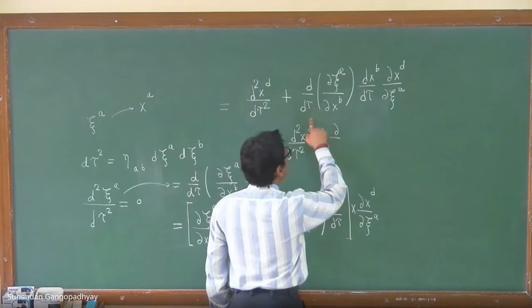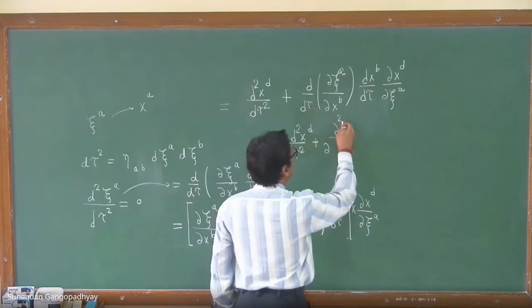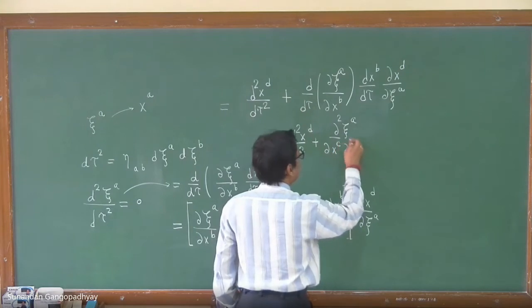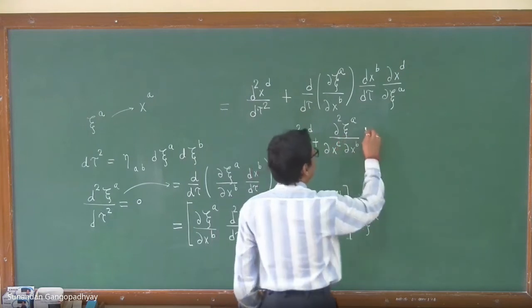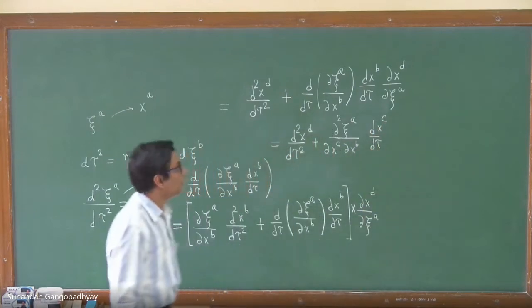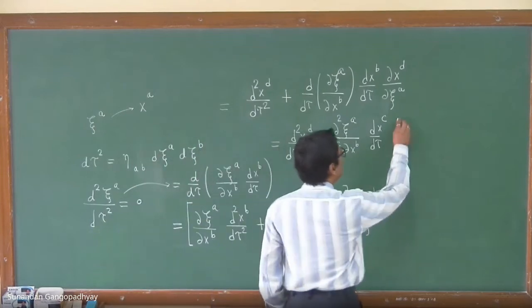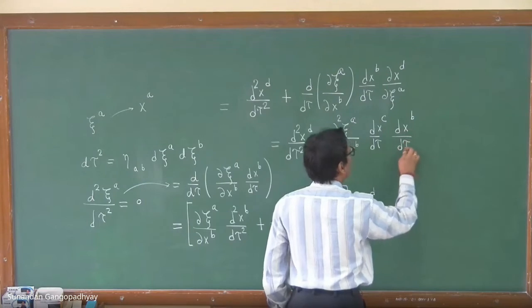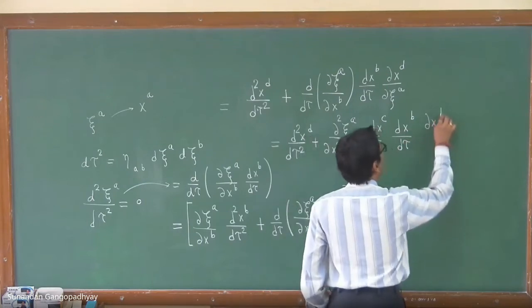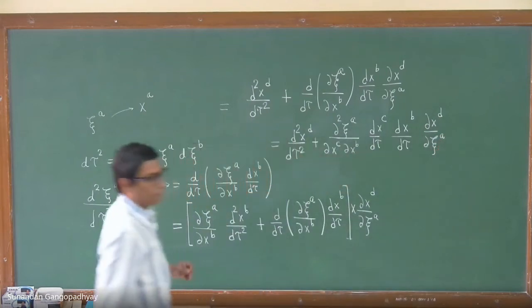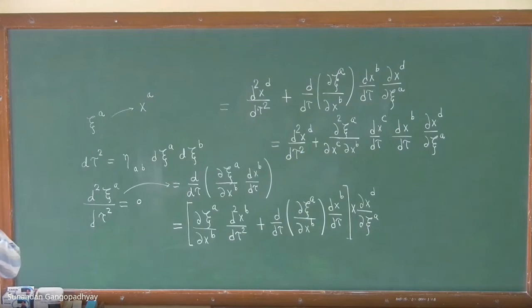So ultimately we have ∂²ξ^a/∂x^c∂x^b, dx^c/dτ, and then we have already these terms, dx^b/dτ. Okay, is it okay?